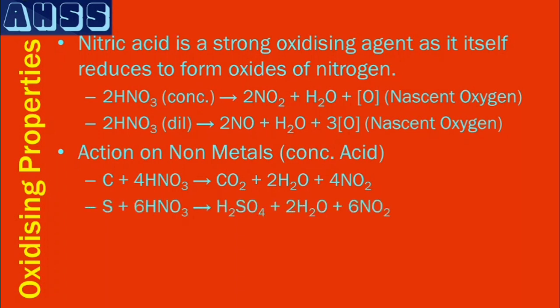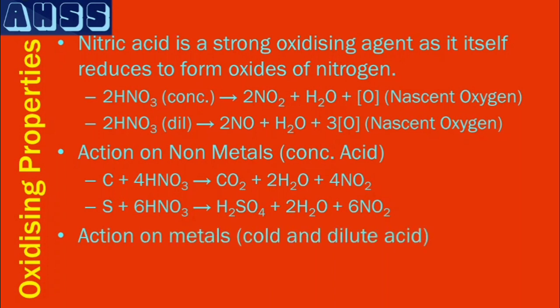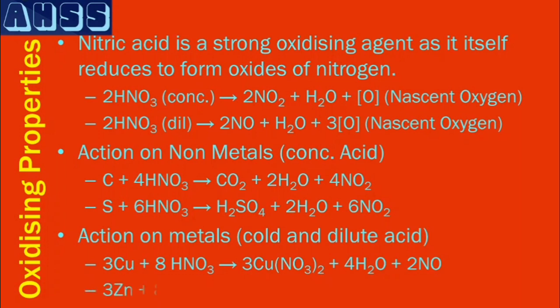So sulfuric acid, water and nitrogen dioxide are formed. Now let us see action on metals. First we will see cold and dilute nitric acid. When cold and dilute nitric acid reacts with a metal like copper, copper nitrate, water and nitric oxide are formed. Similarly, when it reacts with zinc, zinc nitrate, water and nitric oxide NO are formed.